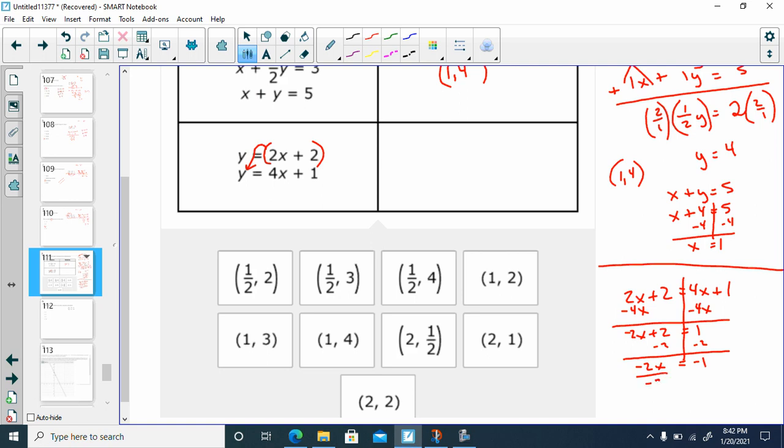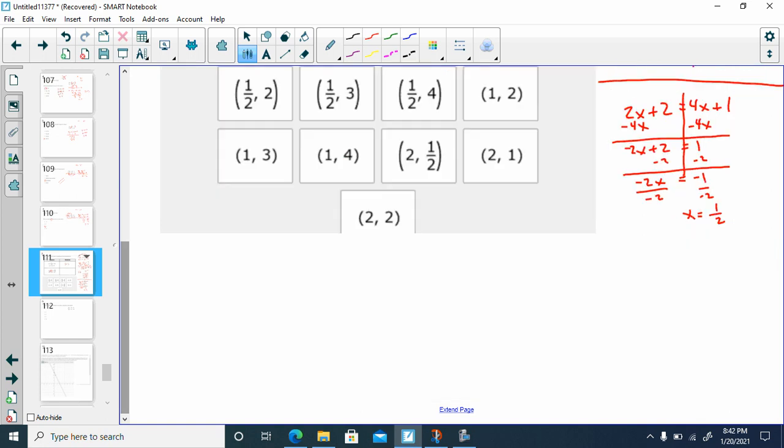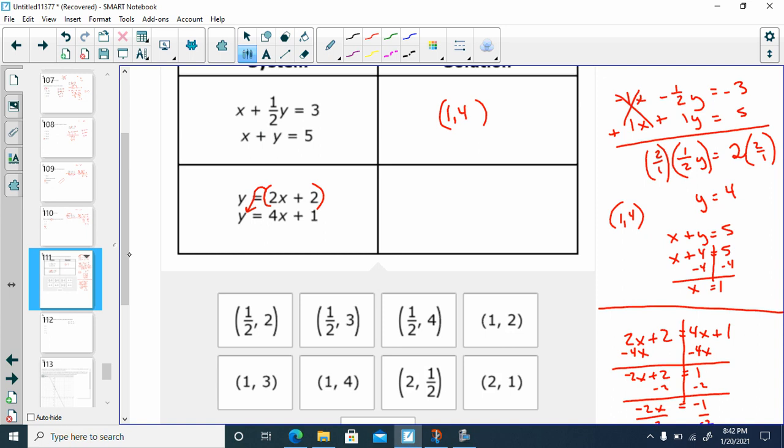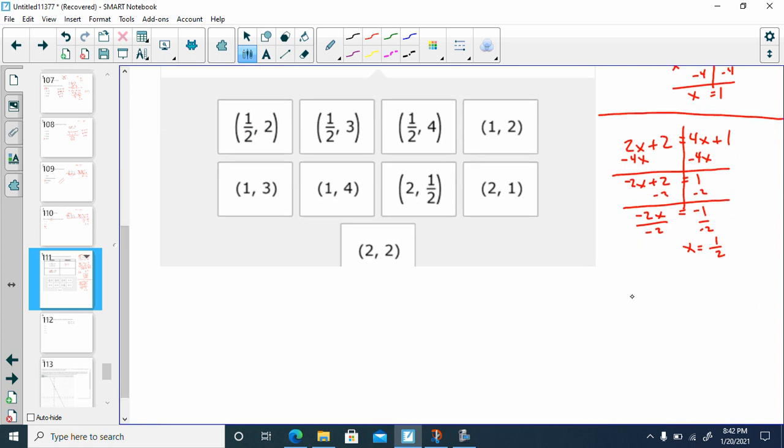Let's divide both sides by negative 2. X is equal to negative 1 over negative 2, which is 1/2. So our x is 1/2. We've got several with x is 1/2. We need to find our y, don't we? Okay, let's choose one of those equations. Y is equal to 2x plus 2.